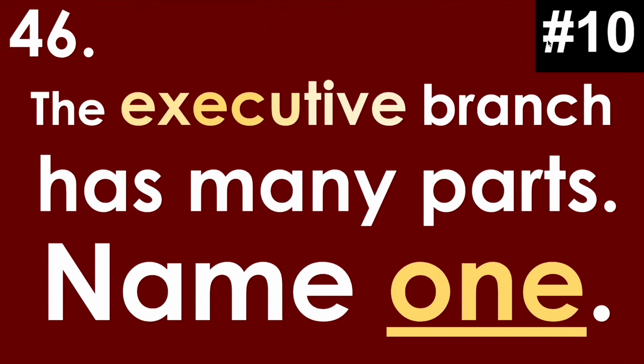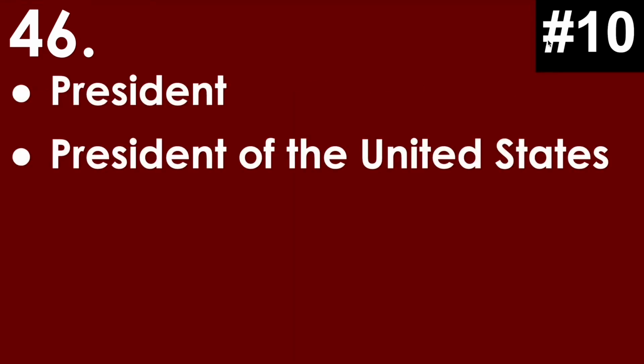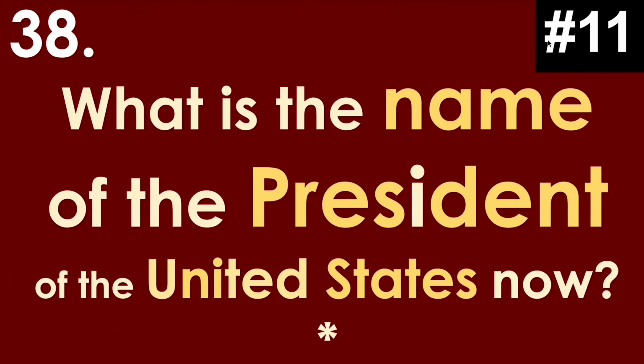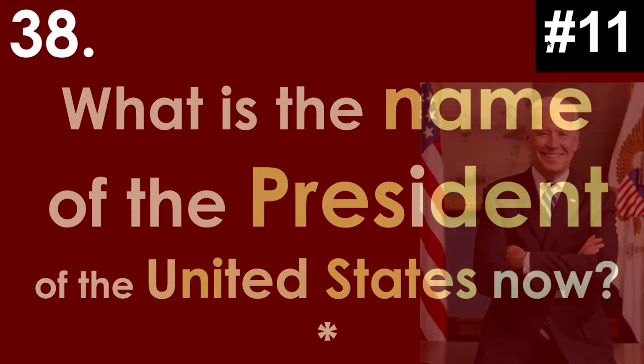The executive branch has many parts. Name one. President, President of the United States, Cabinet, federal departments and agencies. What is the name of the President of the United States now?